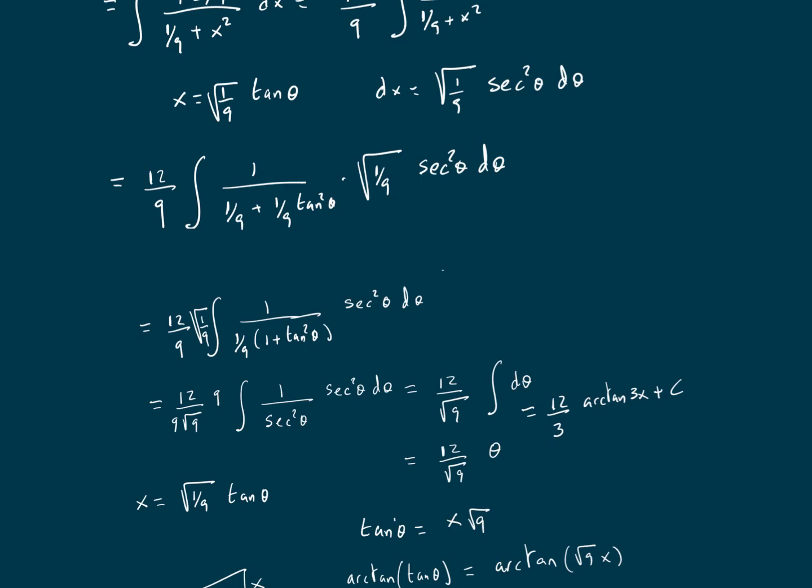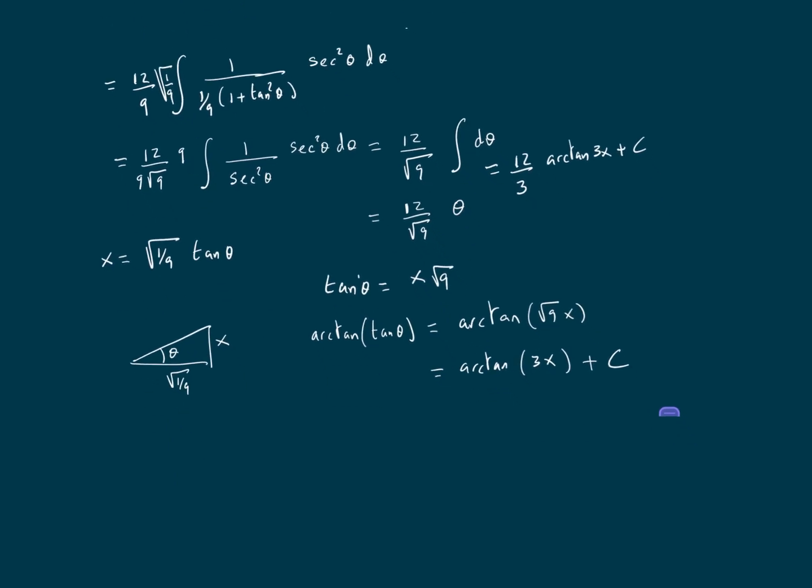But we still don't know what theta is. We know that x is equal to the square root of 1 divided by 9 times tangent of theta. So tangent of theta is x multiplied by the square root of 9, or 3x.